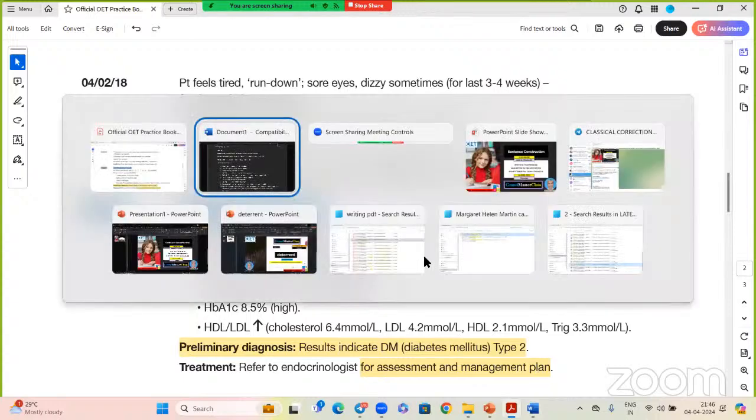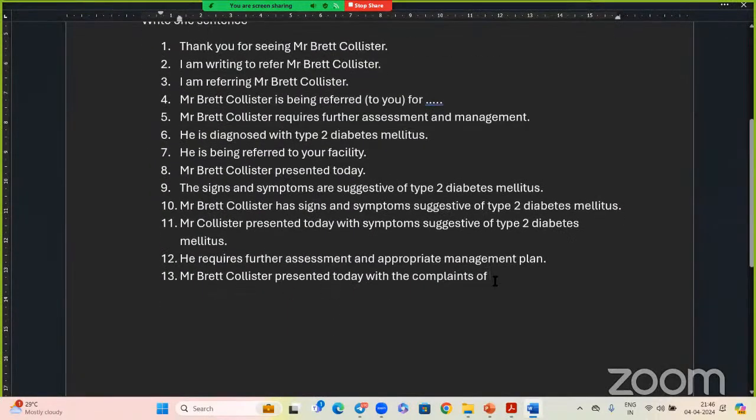So Mr. Brett Collister presented today with the complaints of sore eyes and decreased vision, okay, reduced vision or worsening vision. Like this you can write, with the complaints of.